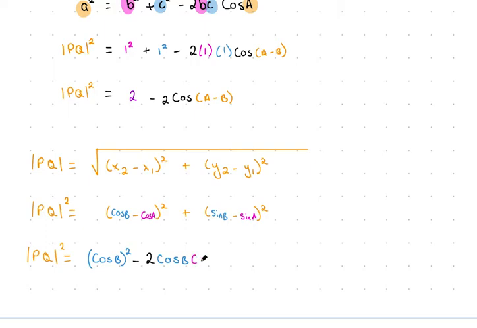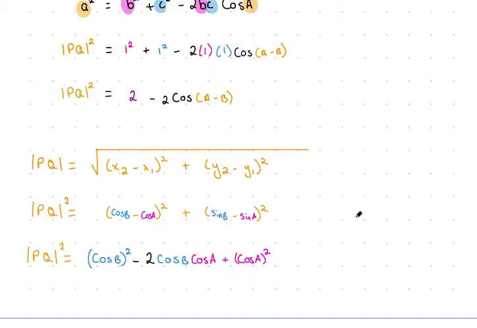And then I'm going to have plus cos a all squared. So all I've done there to recap is I've just squared out the first bracket here that we had, cos b minus cos a. I've squared that out and this is what we got.